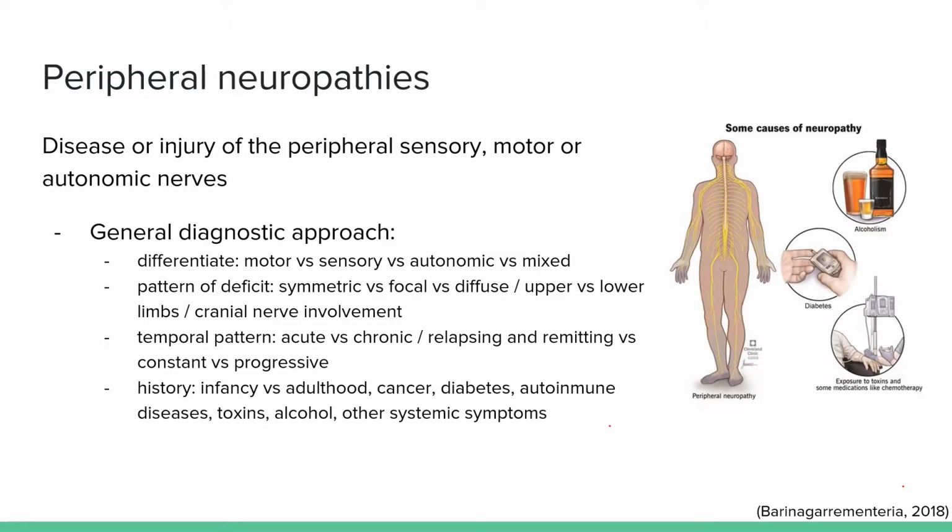The definition of peripheral neuropathies is a disease or injury of the peripheral sensory, motor, or autonomic nerves. Depending on which of these structures is affected, we're going to see the clinical symptoms.